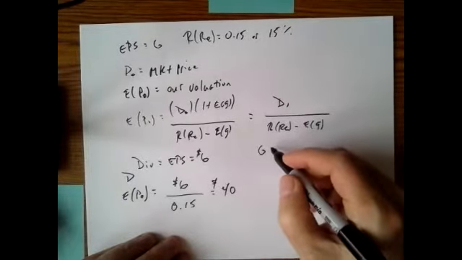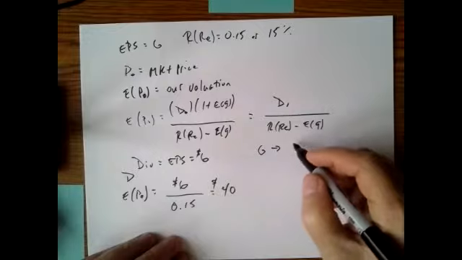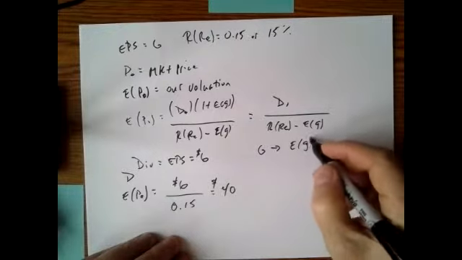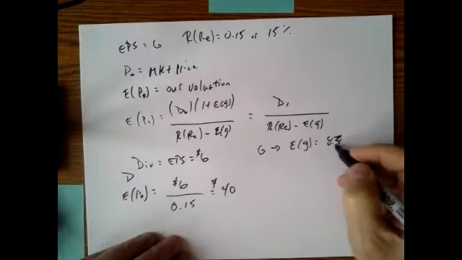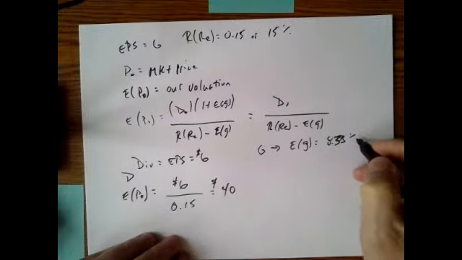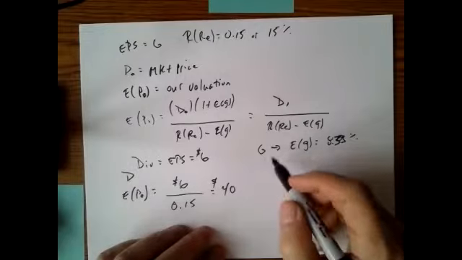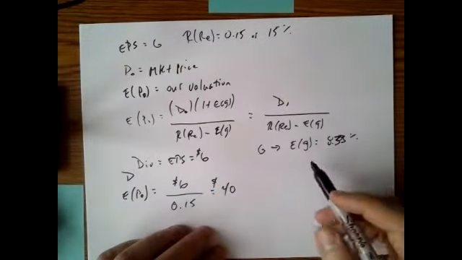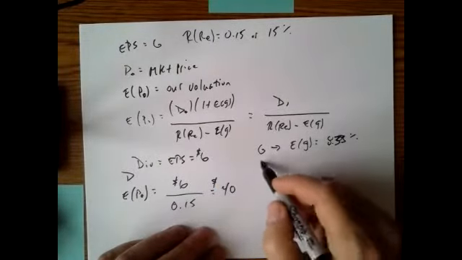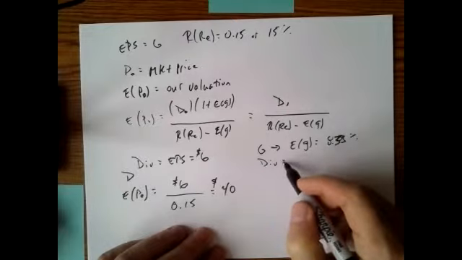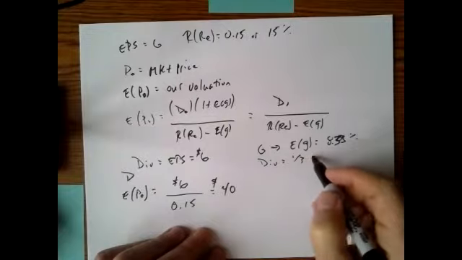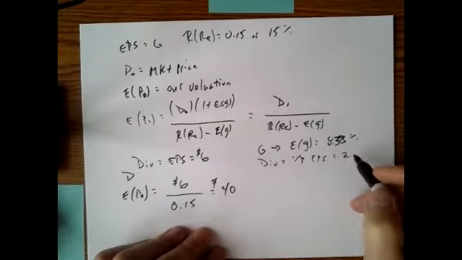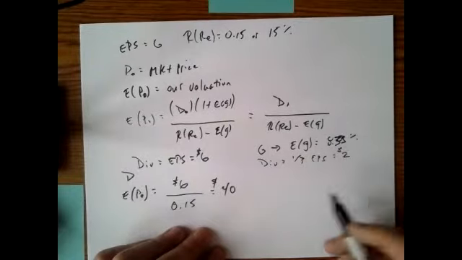Now, firm G is going to have a growth rate equal to 8.33%. They still have the same required rate of return, and their dividend is going to equal 1/3 of EPS, or $2 per share.